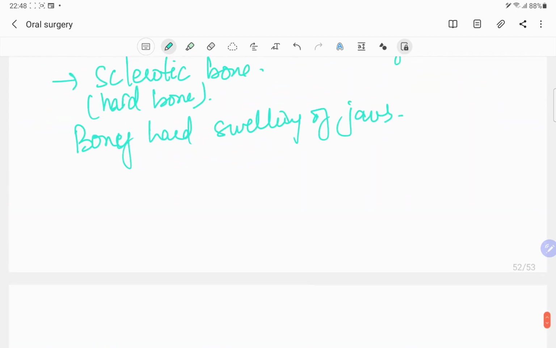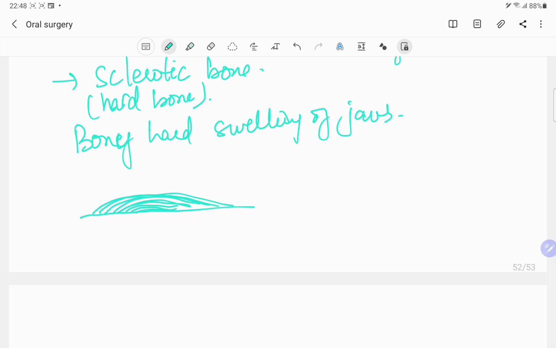Now we were talking about Garre's osteomyelitis. Since there is a bone growth at the outer cortex, say suppose this is the cortex of the bone, and this is the periosteum of the bone. Because of this chronic osteomyelitis, long-standing osteomyelitis, instead of going into necrosis, the bone starts proliferating. So you will find that the bone starts growing at the outer cortex, in layers, like the skin of an onion, like how we peel the onion.